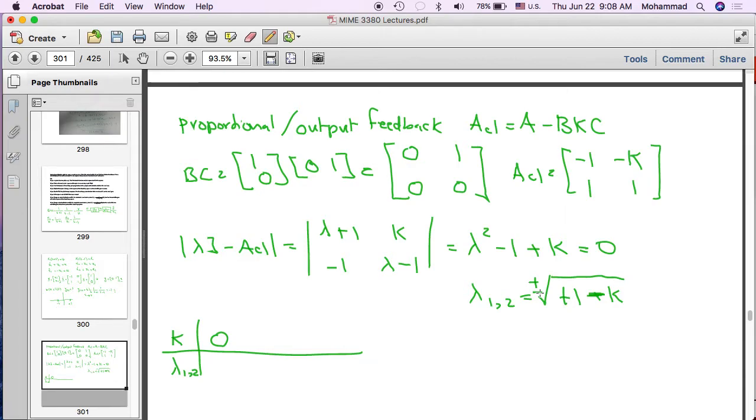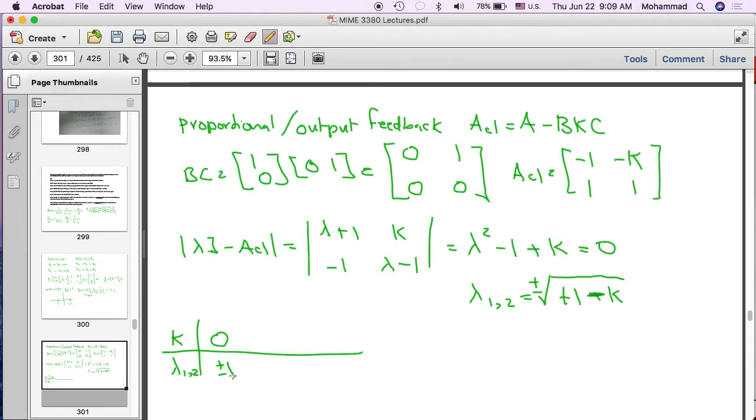So we have one answer here. Does anybody else agree that when k is 0, the two lambdas are plus, minus 1? Okay, so we set k to 0, the two lambdas are at plus, minus 1. And it's expected. When k is 0, the two eigenvalues are exactly located where the eigenvalues of the open loop are located. So k equals 0 is open loop.